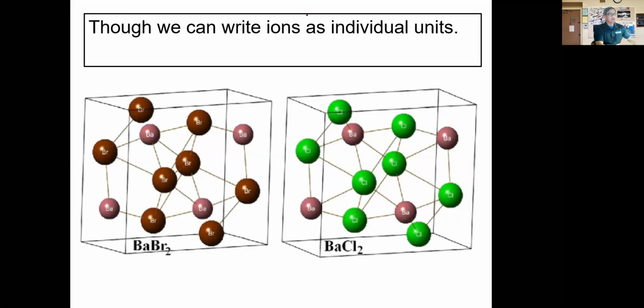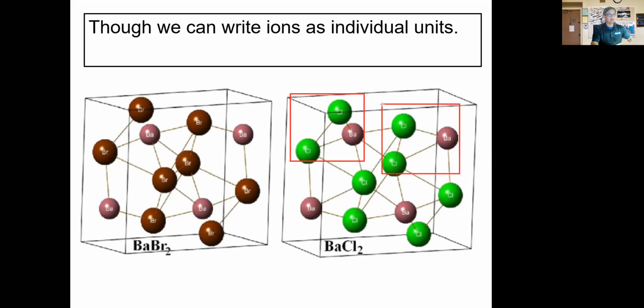If you take a look at this, we have this repeating unit right here. The repeating unit for the barium chloride compound is this one, where we have barium attached to two chlorides, and we see that unit repeat here and here. So we have four of those repeating units.